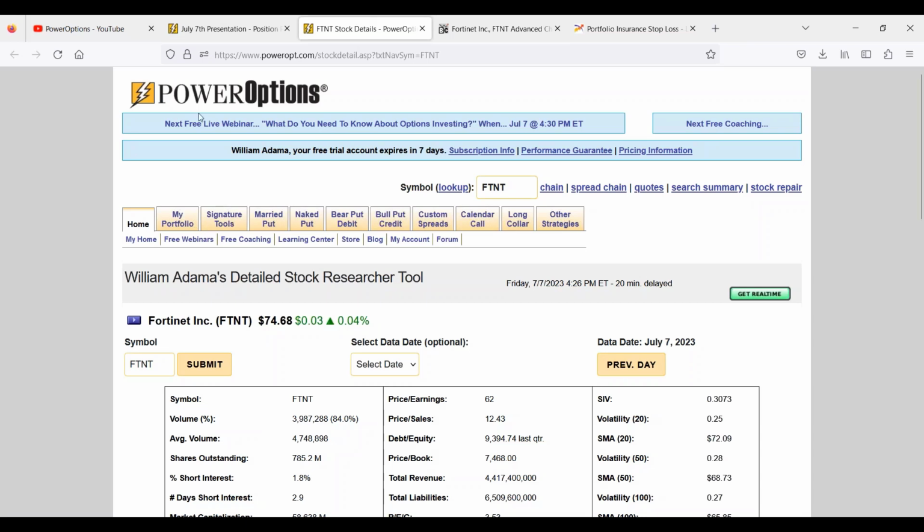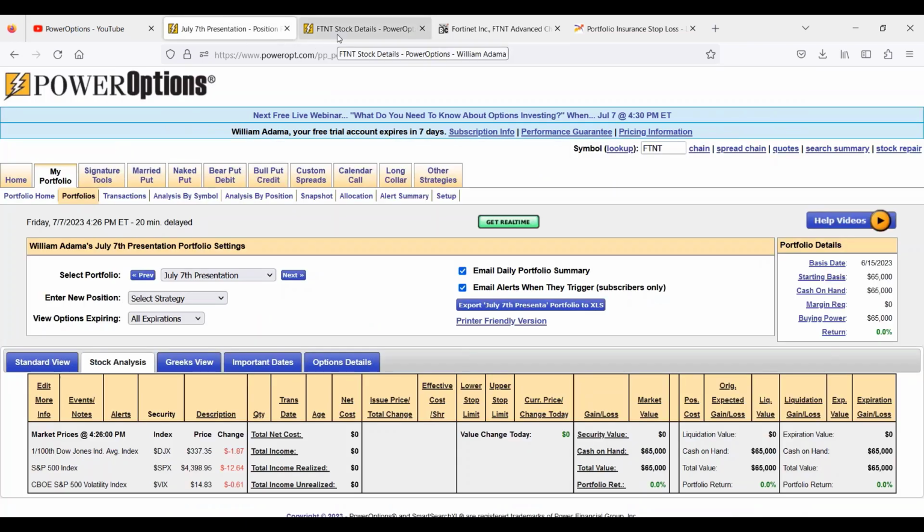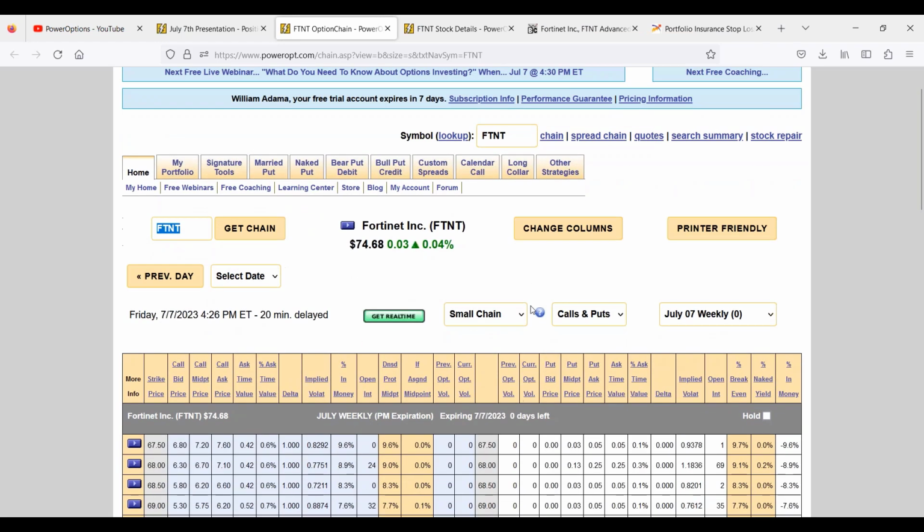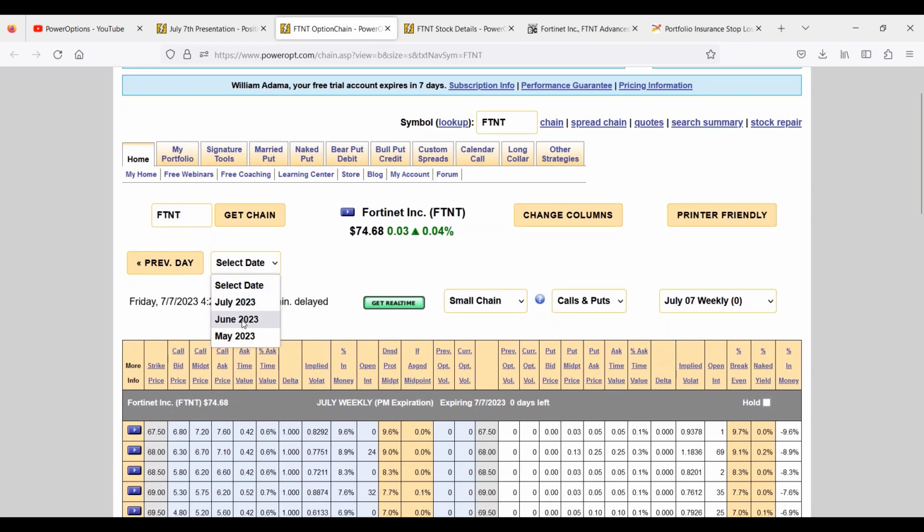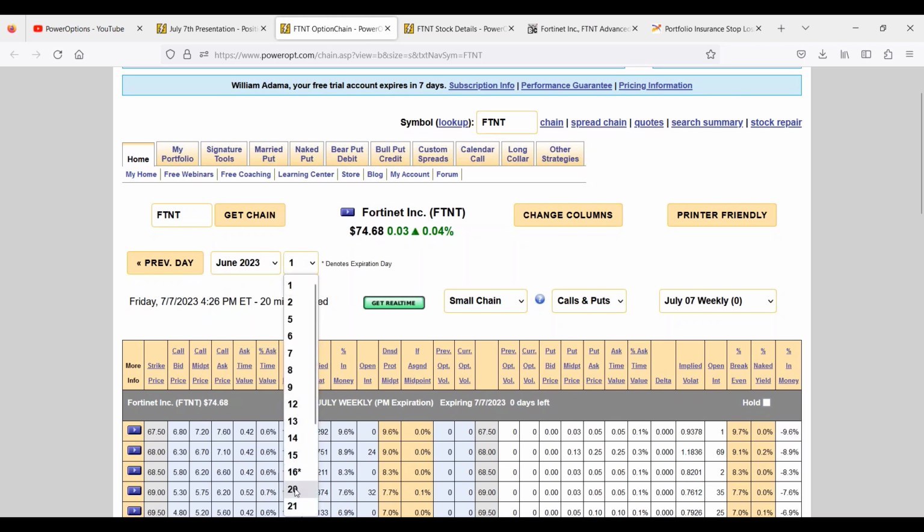Now, before I enter the historical trade into our portfolio, let's be as exact as possible. I'm going to go to the option chain for Fortinet, and we're going to go back. On a 14-day free trial, you have access to 3 months of data. Let's go back to the 20th. Okay, the 16th was standard expiration.